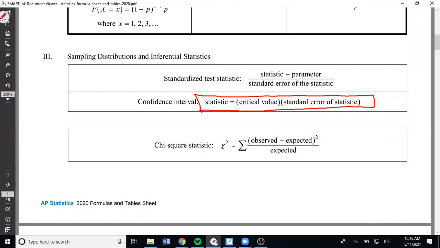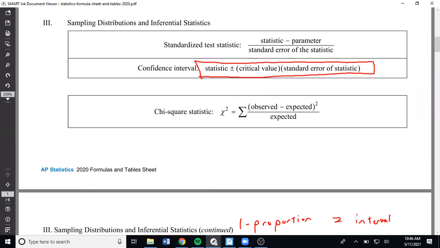Sometimes I see some people using a confidence interval structure when they're trying to get a p-value, or trying to get a z-score when what they want is a confidence interval. So make sure you're using the right format for the thing that you're doing. That's thing number one. So we're using this confidence interval format: the statistic plus or minus critical value times standard error.